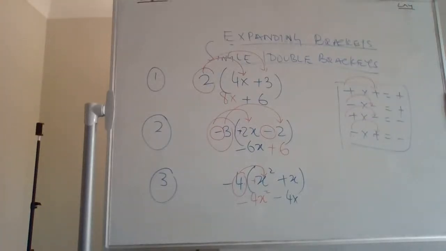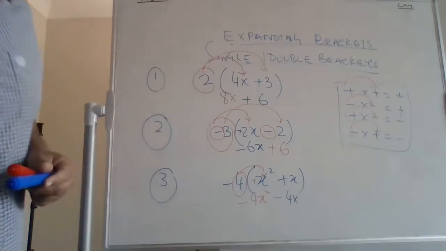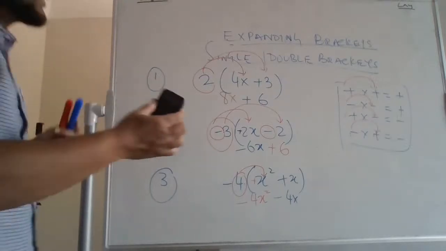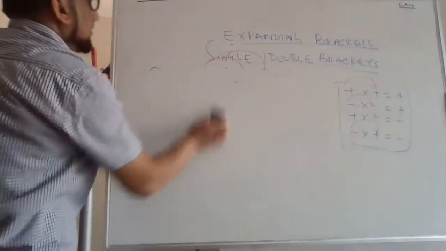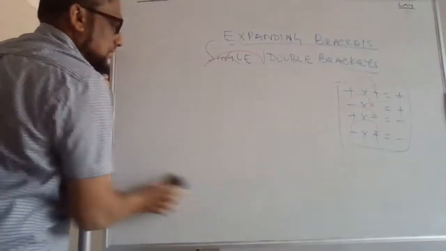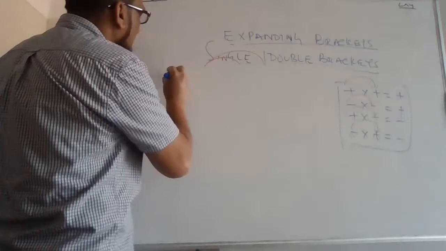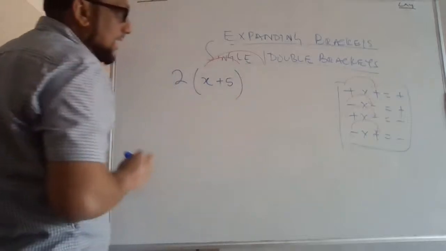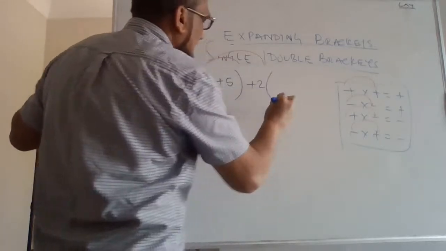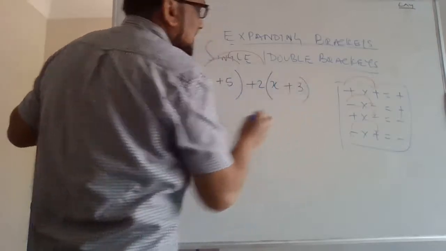So this was our practice questions, okay? And now I'm going to move to double brackets, okay? So double brackets, if I say that the double brackets means, if I say 2x plus 5 and plus 2 times x plus 3.